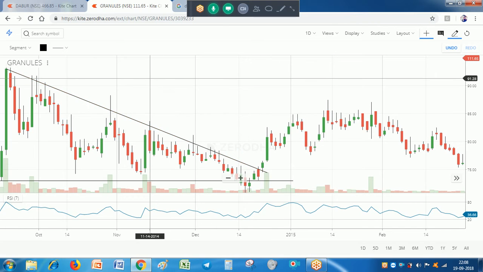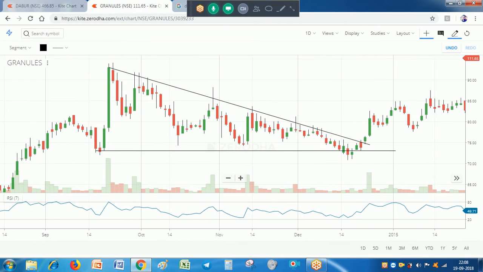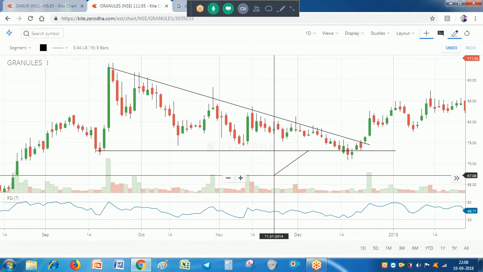Okay, you could see there is a false breakout in downside also. It has gone some down also. So that's why friends, I told you, one time it gave a false breakout in the downside also. You could see there is a candle that has gone below it. I will just shift this line little higher.